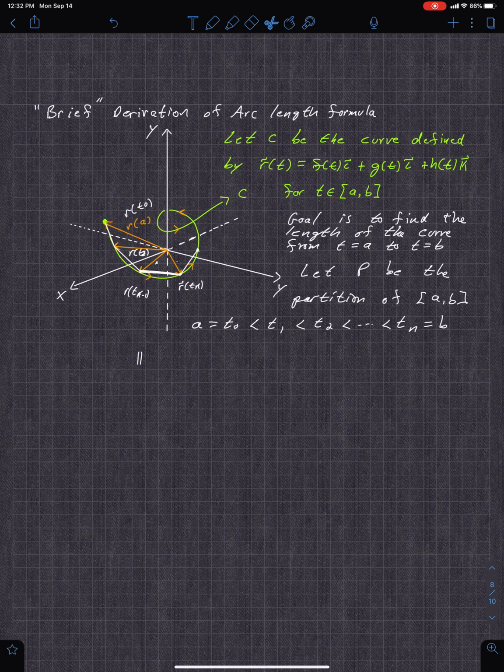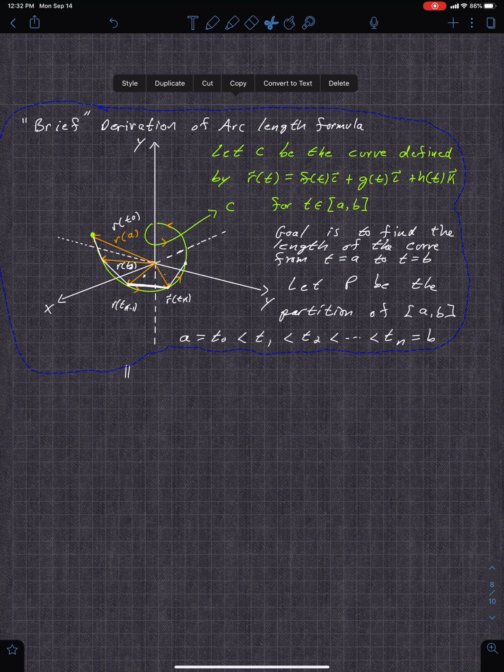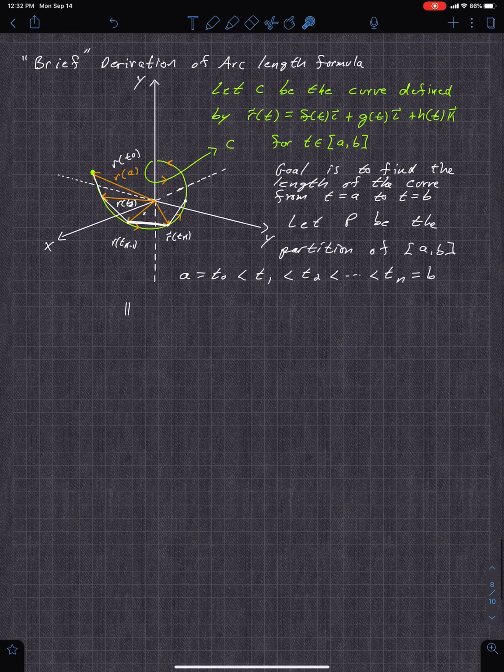I call this a brief derivation of the arc length formula because I don't go through every little detail. So pause the video here and write all this down.